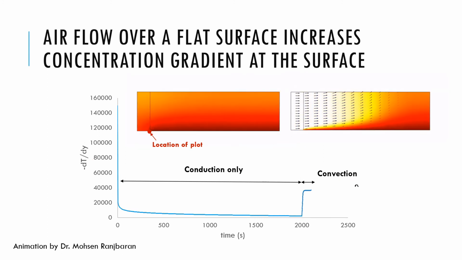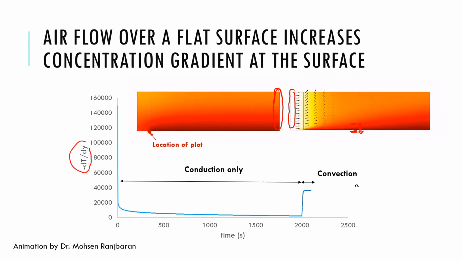As soon as we turn on the flow, the hot fluid here gets replaced by the colder fluid coming from the left. And what does that do? That maintains a gradient that is much higher, because it goes from hot to cold over a smaller distance.